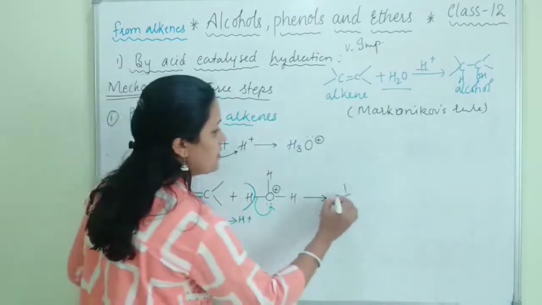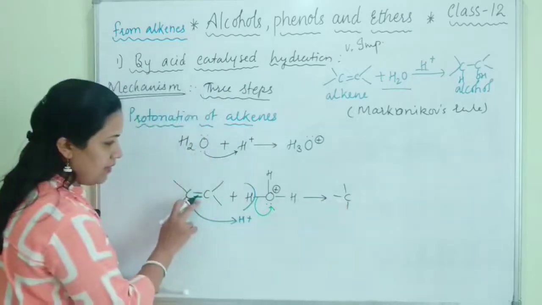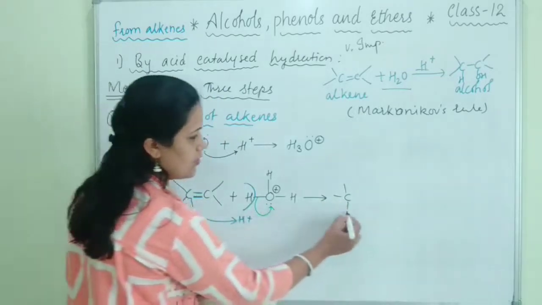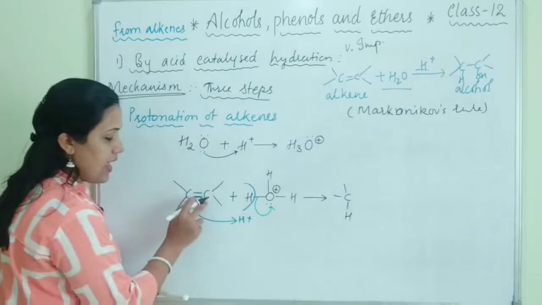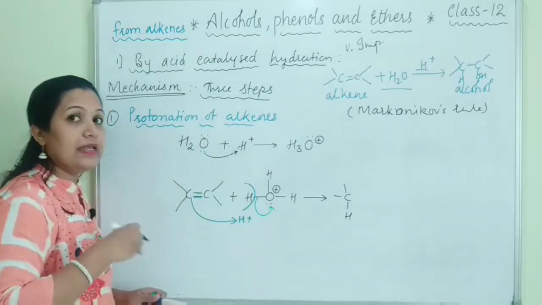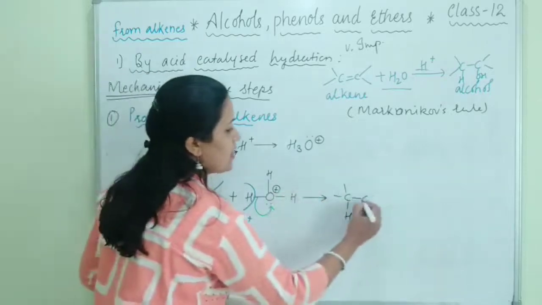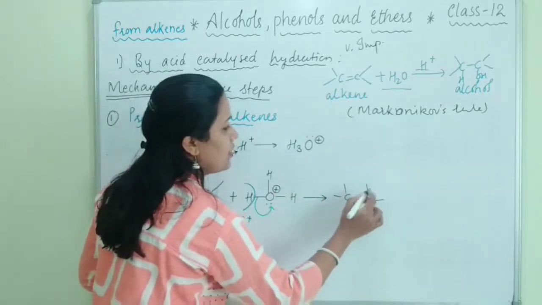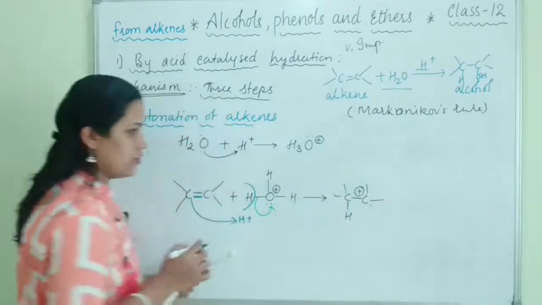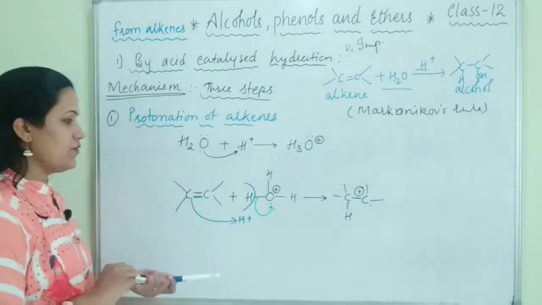One electron pair has been given to CH, so that's why it becomes CH, and as this carbon has donated its electron pair to another carbon, that's why this carbon will acquire a positive charge.